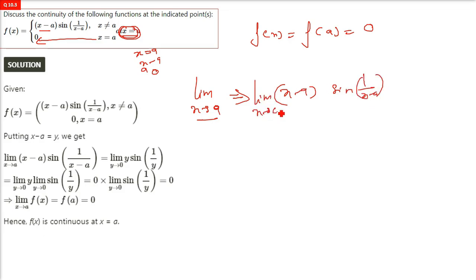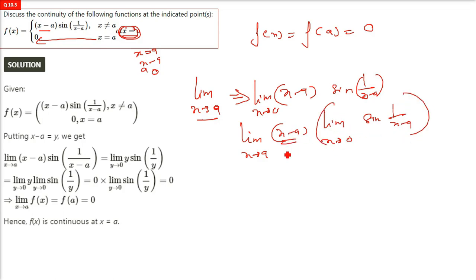But what we see here is that x tends to a. If I said x equals 0, that will be wrong. So the sine part, just forget it. A minus a here, if you put the limit x tends to a, it is going to be 0, and 0 multiplied by anything will be 0. So the function value is 0, this is 0, so it is continuous.